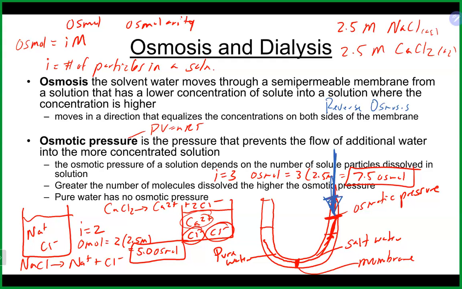What that does is force all of the water molecules back through the other way. And if you have a nice filter right there, it's going to catch all the stuff you don't want, kind of purifying it that way.